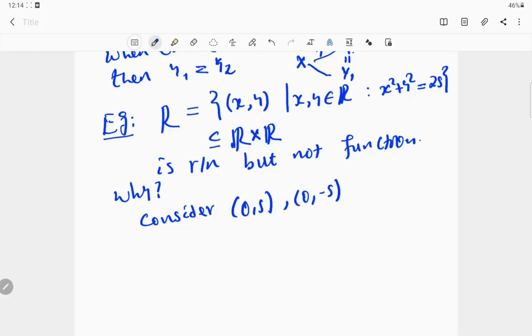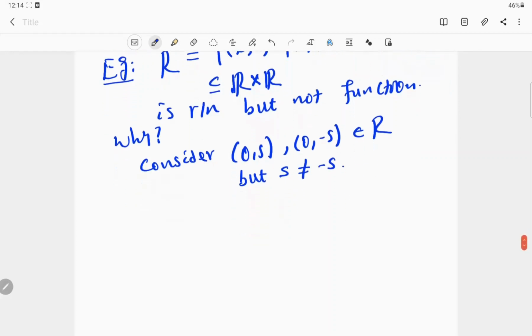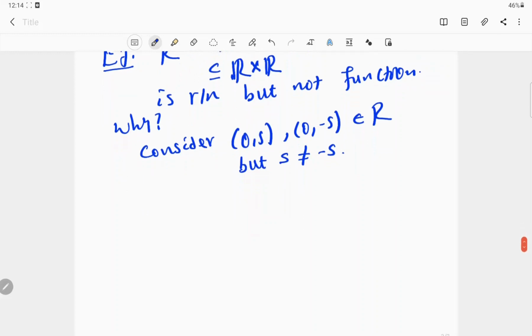These are two elements of R. But to be a function, if the first components are equal, then the second components must be equal. So we have here 5 and -5. 5 is different from -5. That's why we say it's not a function.